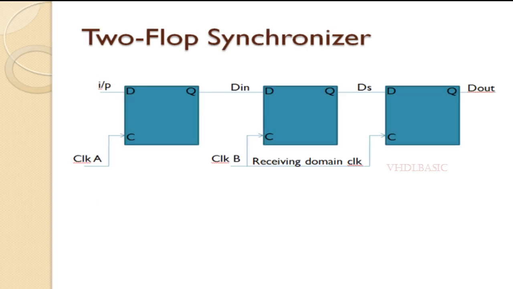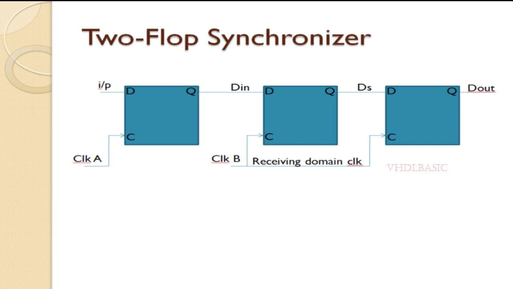So this is the circuit diagram of the two-stage synchronizer. First, the output of the source clock domain is connected to the input of the first flip-flop in the synchronizer. Here that is referred to as D in. Then the output of the first flip-flop of the synchronizer is connected to the input of the second flip-flop of the synchronizer.